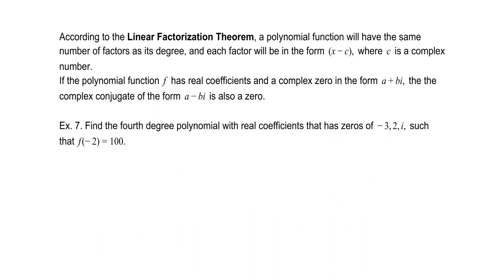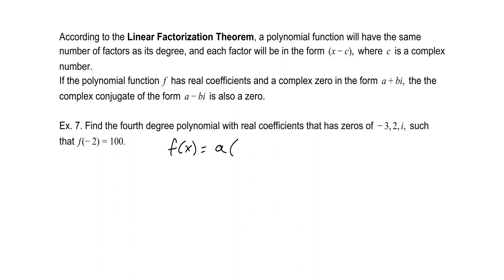All right, we have: find the 4th degree polynomial with real coefficients that has zeros of negative 3, 2, and i, such that f of negative 2 equals 100. Well, we can write this as a factorization already, because we know the zeros.